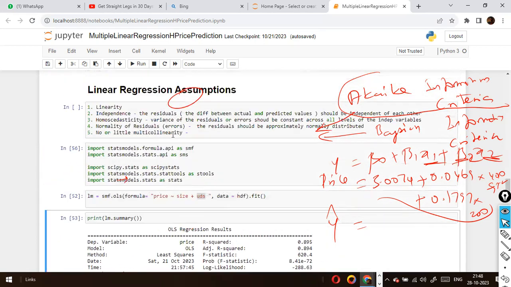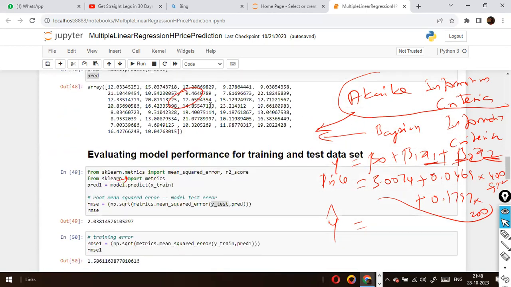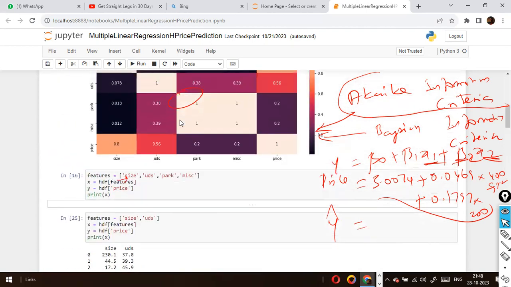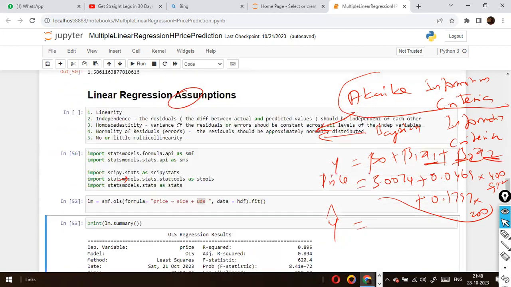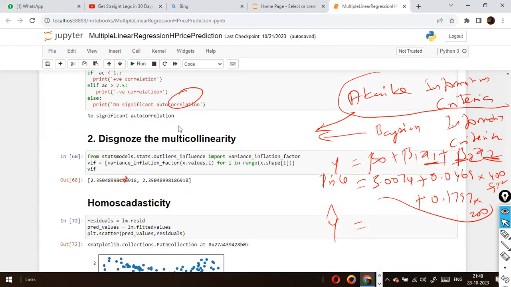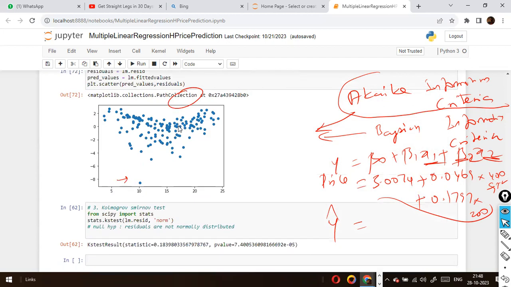Okay, so we were asking about AIC, BIC, right? AIC and BIC, like I said, basically penalize the model complexity. But the difference is that AIC is much less stringent than BIC.